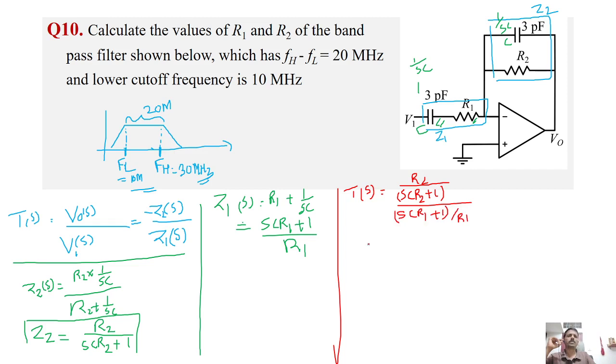I think I'm correct. Okay. On rearranging, what we'll get? The SC term will go above, right? So we get SC into R2 divided by (SC R2 plus 1) into (SC R1 plus 1).